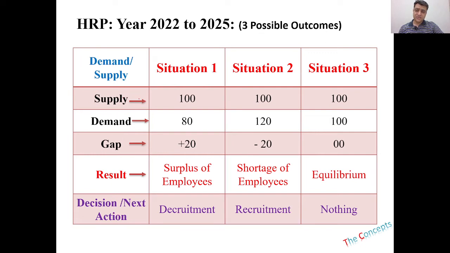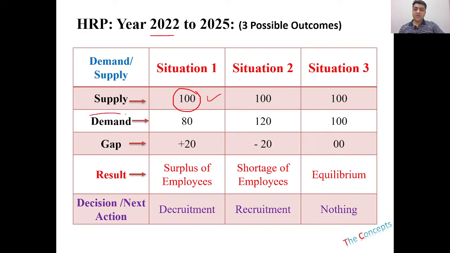So what is a supply? Supply in simple terms can be considered as the number of employees that you currently have with you in 2022. It is a much more complicated thing, but for the sake of understanding, you can say you have 100 employees right now. And we are also supposing that they're going to continue with you till 2025. So what is the demand?